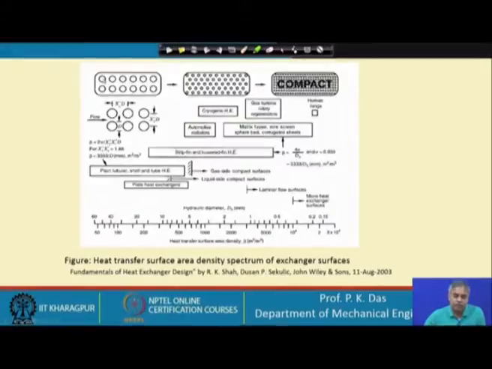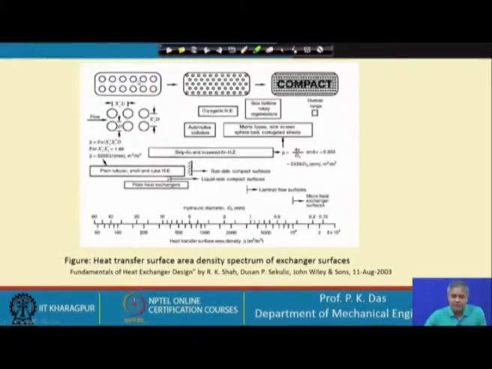Through the circles, which are tubes, some fluid is passing, and in the space between these tubes another fluid is passing. It is a general representation, but it is very appropriate for a shell and tube heat exchanger, which is one of the most widely used heat exchangers in industry. So, this could be the configuration.